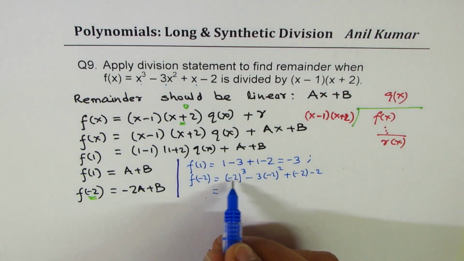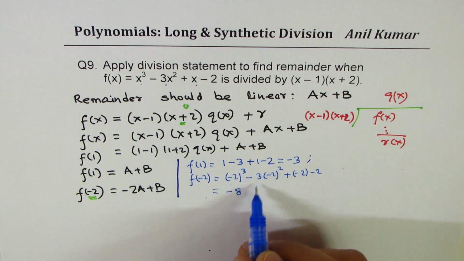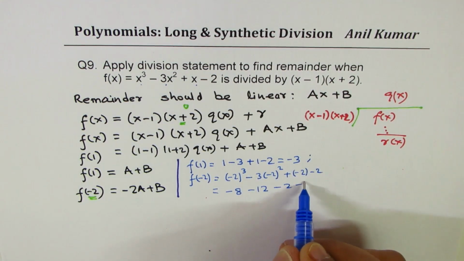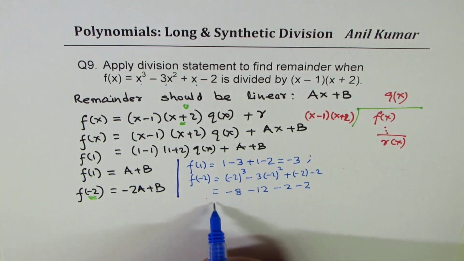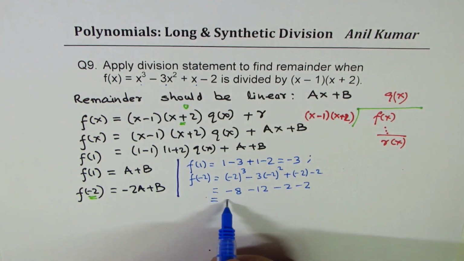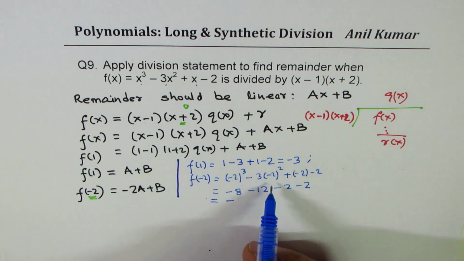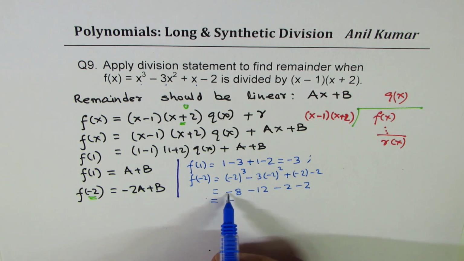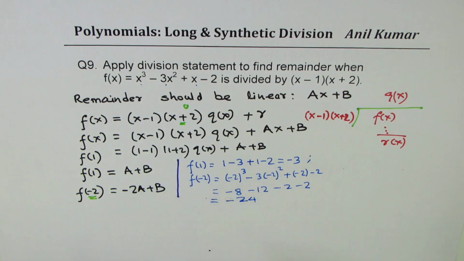Minus 2 cubed is minus 8, then 4 times 3 is 12, and minus 2. So what we get here is a negative number, minus 24, right? All are negative here, okay? So what we get here is minus 24.